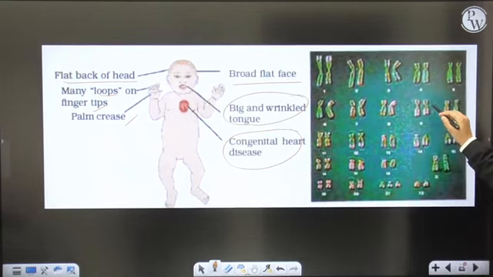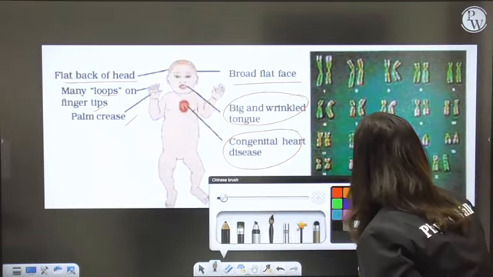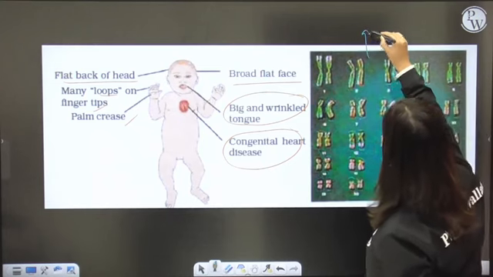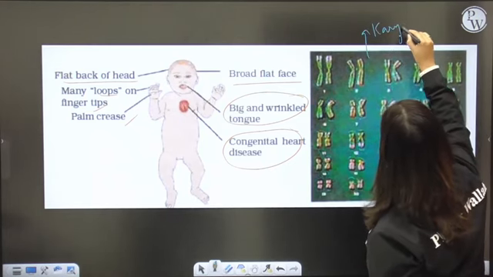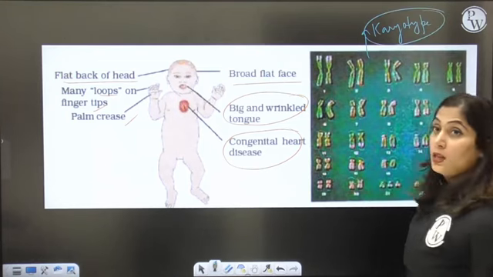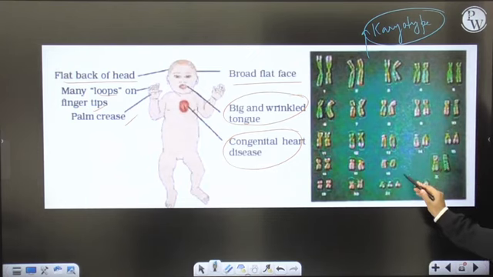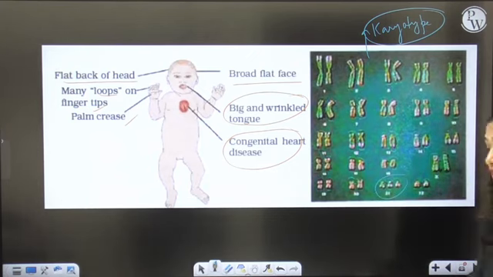And here you can see, beta, this is the karyotype. Karyotype is the arrangement of the chromosomes according to size. And if you see this karyotype, you can see something here. See carefully.